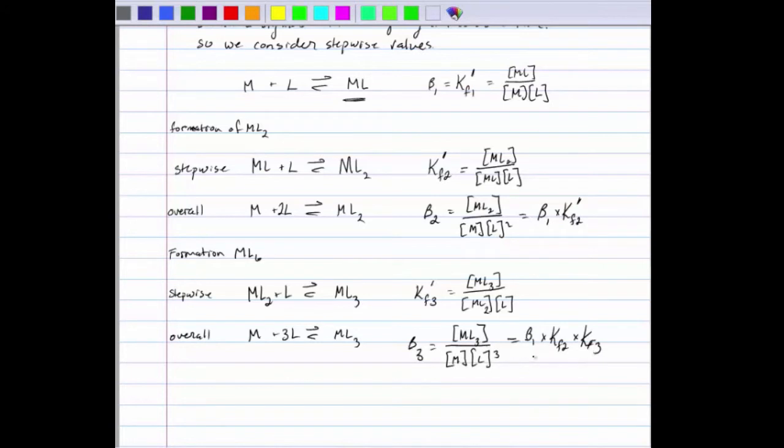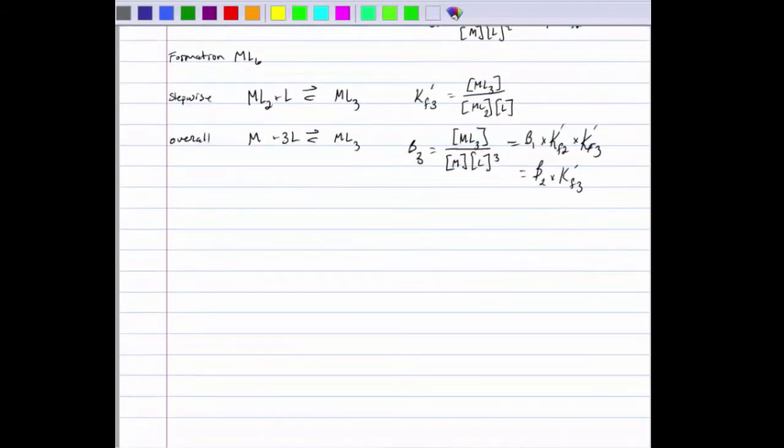So the beta 3 is actually equal to beta 1 times KF2 times KF3, or you can just say that it's beta 2 times KF3. And so there's like a whole bunch of equilibrium expressions that you can write for the same complex formation. So that's where some of the confusion comes from. And that's all I'll tell you for now.